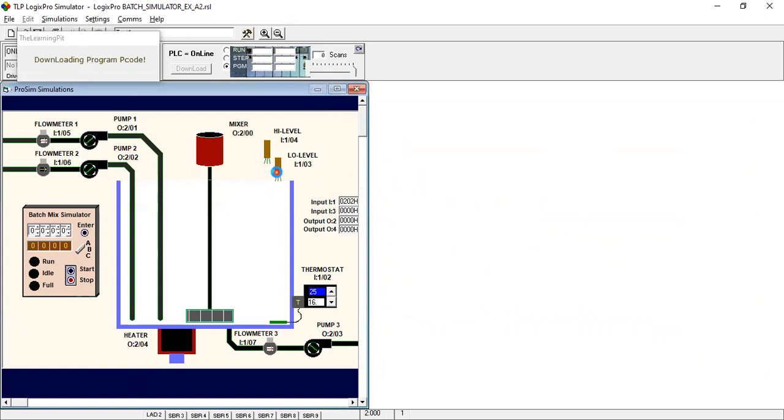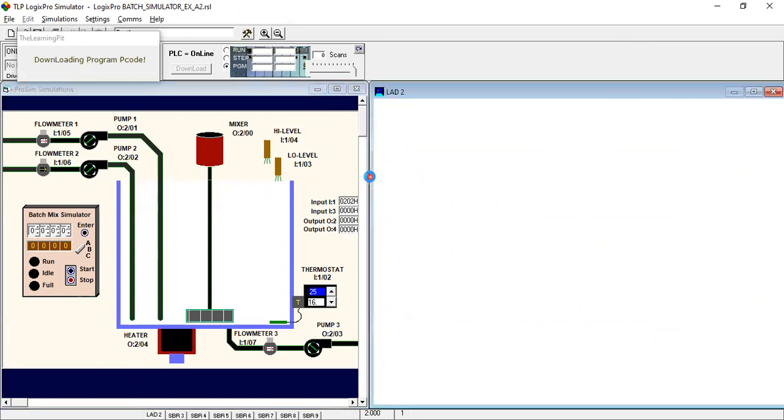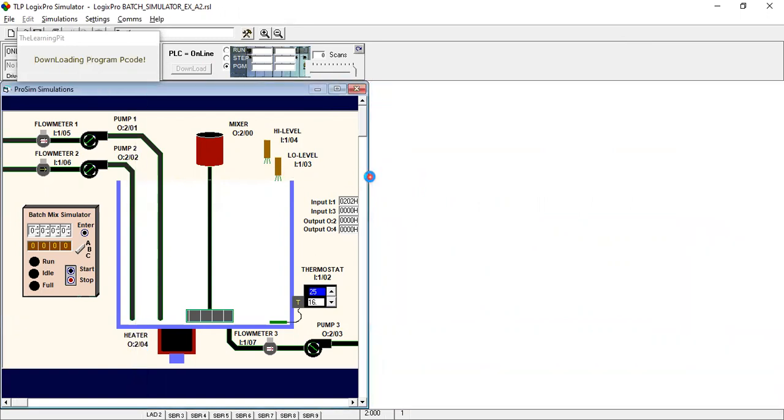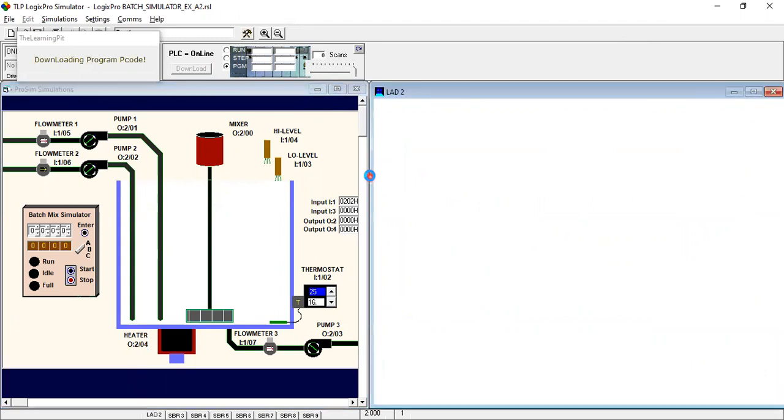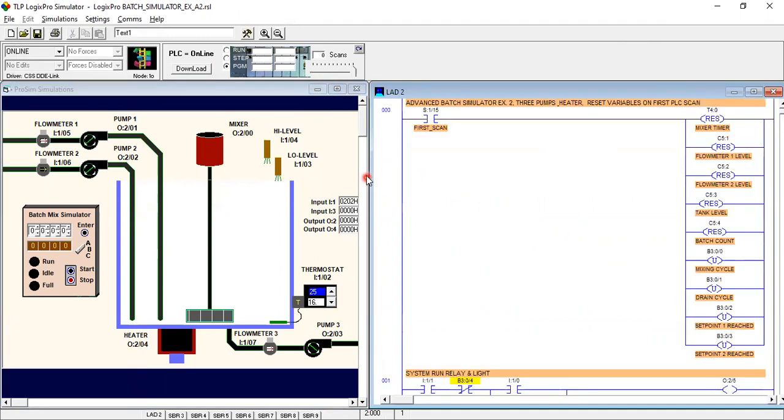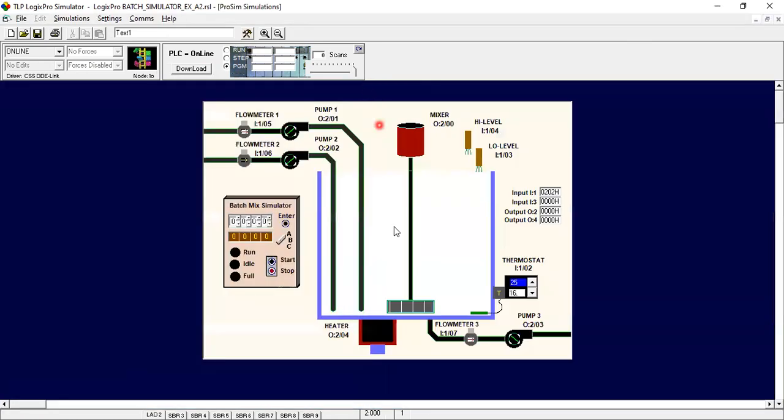Our program is downloading in the PLC, so it's taking some time to scan all types of input and output parameters. So it has to connect. When you press the start push button, we must go to the run mode.